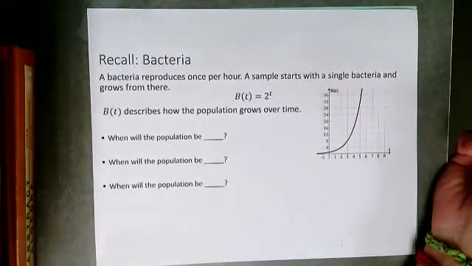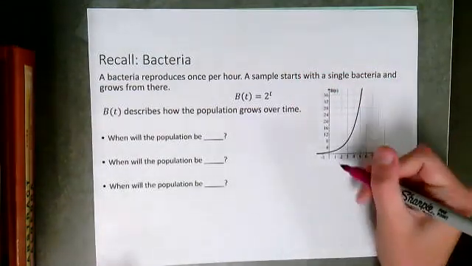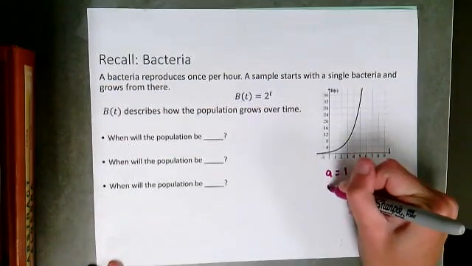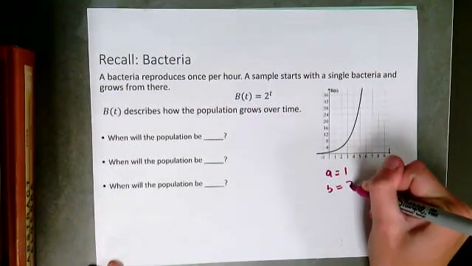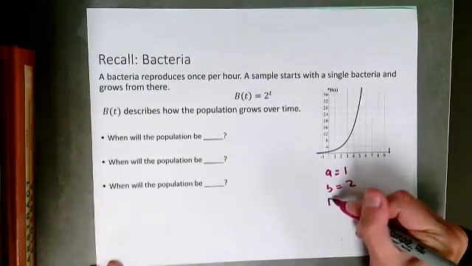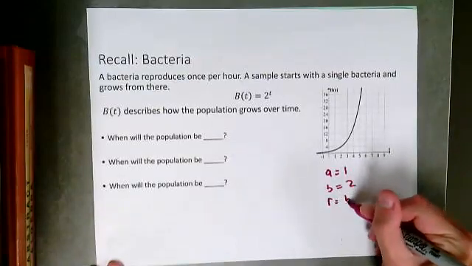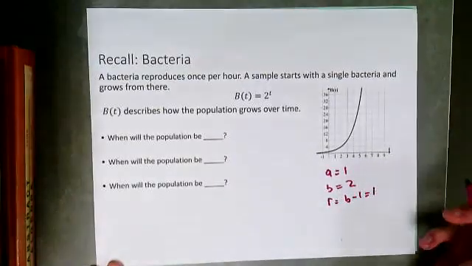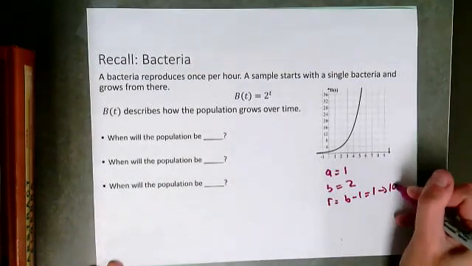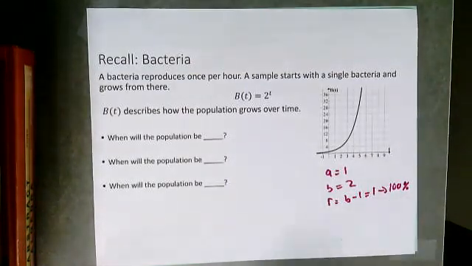So we have that our a value is 1, our b value is 2, and so our rate r is going to be b minus 1, which is 1, which is 100%. Okay. So b of t, that function describes how the population grows over time.